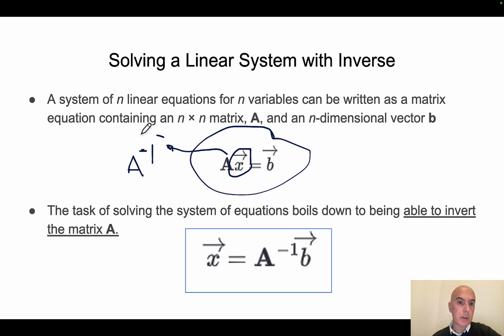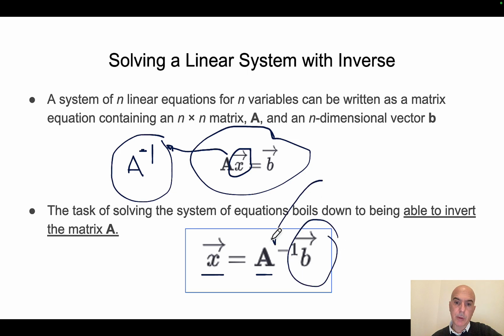Once we have found A to the minus 1, we can simply calculate the solution, our vector x, by multiplying A to the minus 1 by b. So it boils down to calculating A to the minus 1. That is the most difficult part of solving a linear system.